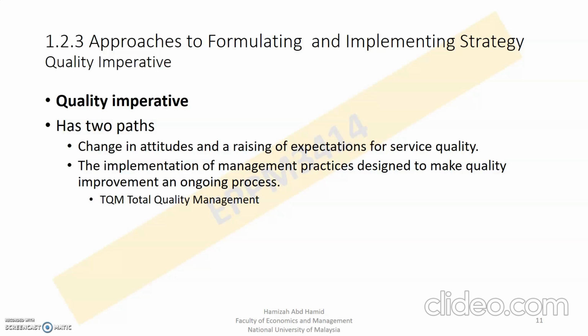The first part is changing attitudes and raising expectations for service quality. Next is to implement management practices designed to make quality improvement an ongoing process. So this is based on the principle of total quality management.